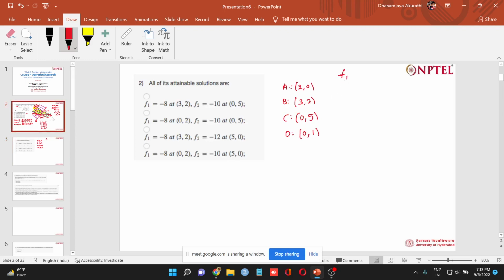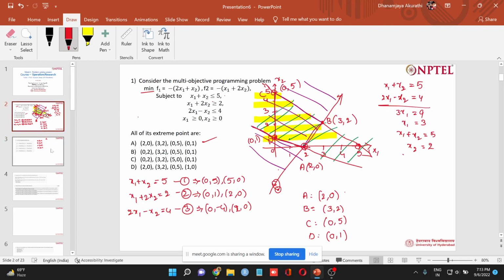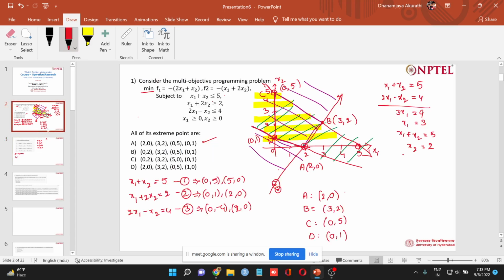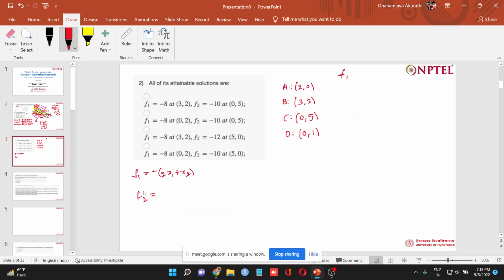Our objective functions are f1 equal to minus of 2x1 plus x2, and f2 equal to minus of x1 plus 2x2. So here we had x1, x2 as 2 and 0.